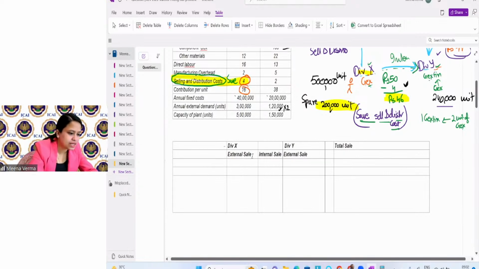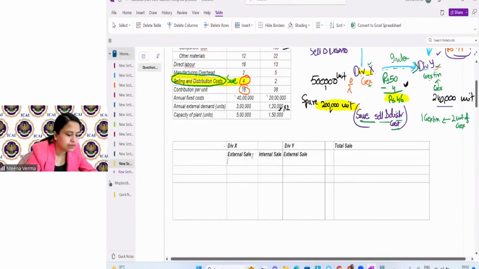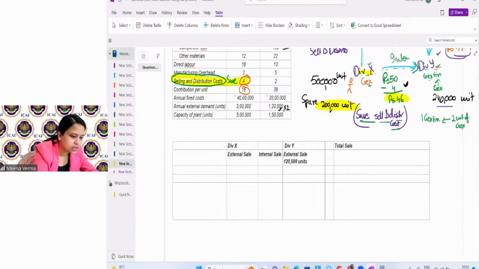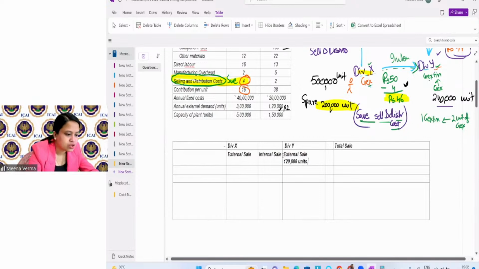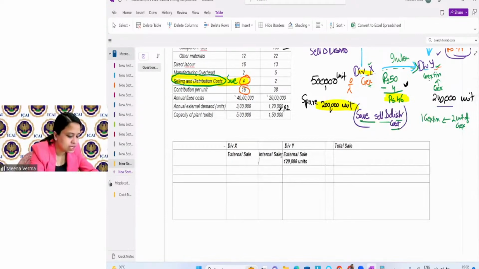Here, how many units are we selling? Externally we are selling, internally we are transferring. The external sale of division Y is how much? 120 units, these are the external sale. So for this sale, how much raw material do you need from division X? You need it into 2.